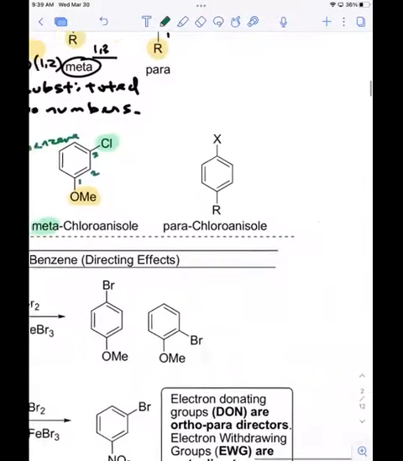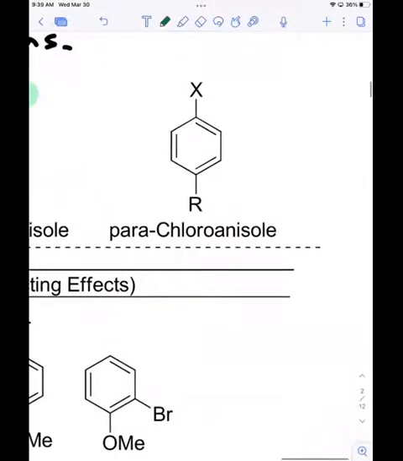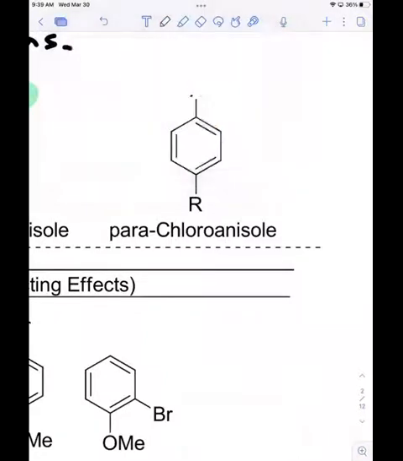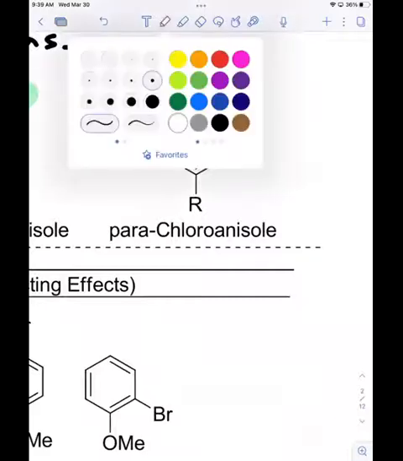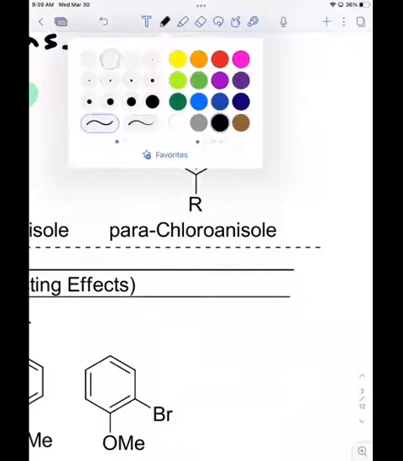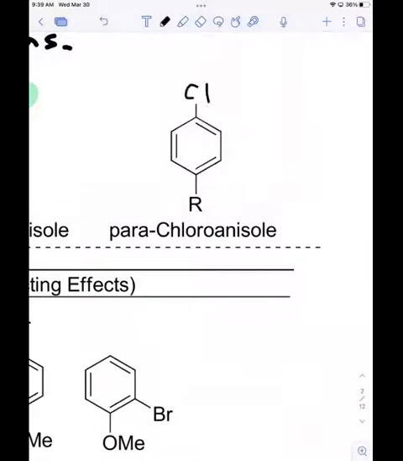And then the other one is para. Need to fix that because that's not a chlorine. Let's white it out. I love this app when it's working. Right. So this, and then I need to white the bottom part out too.